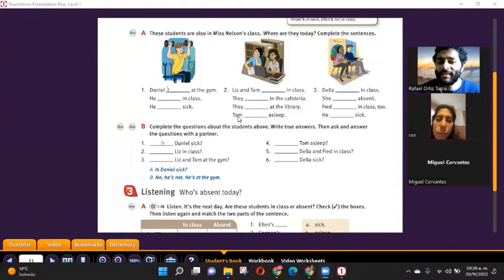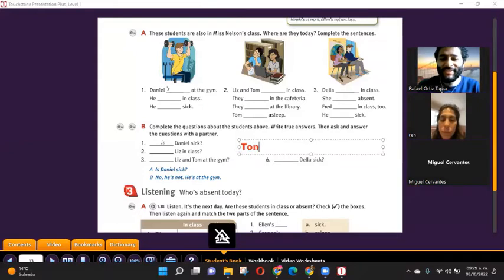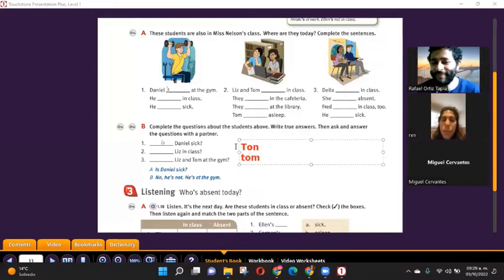The following says "asleep." How would you complete it? Tom is asleep. I noticed something: what's the difference between Ton and Tom? Tom. Okay.